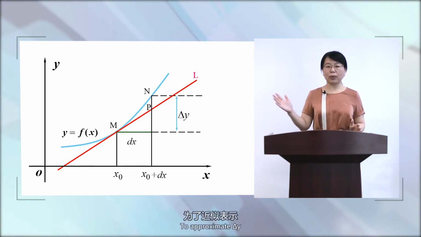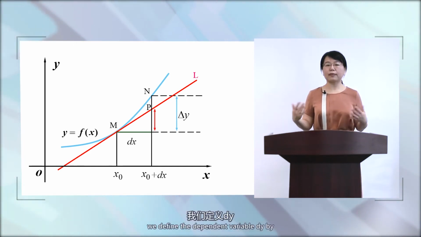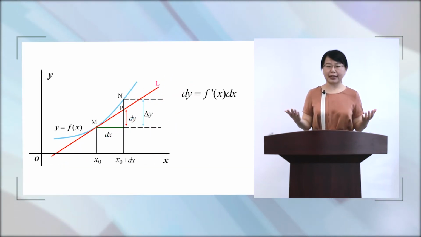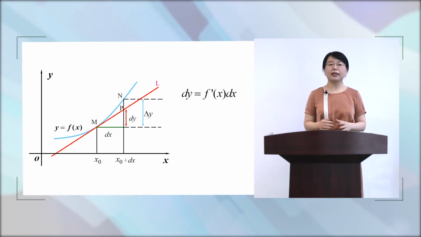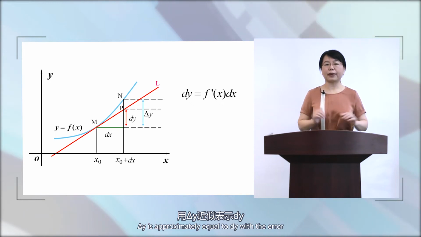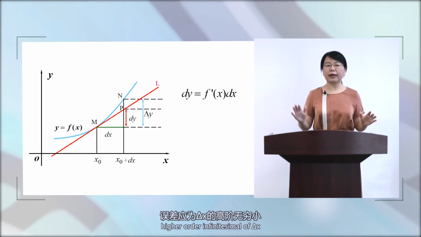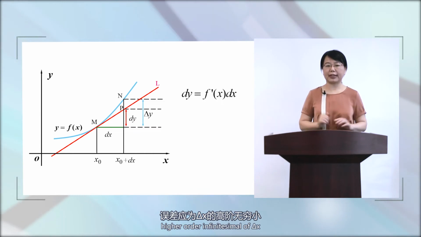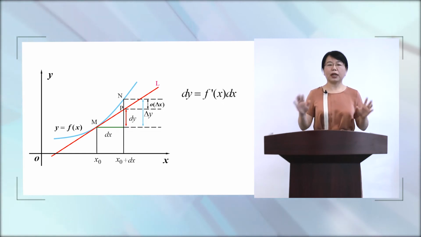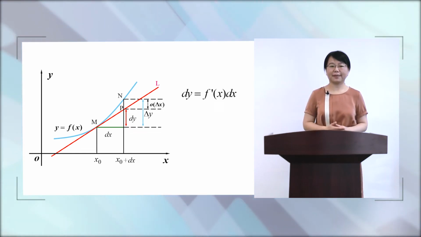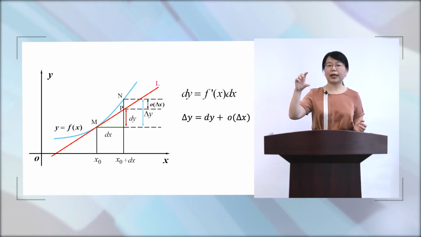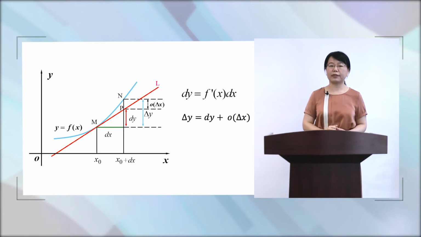To approximate delta y, we define the dependent variable dy by dy equals f prime of x times dx. Delta y is approximately equal to dy, with the error being a higher order infinitesimal of delta x. So we have delta y equals dy plus a higher order infinitesimal of delta x.